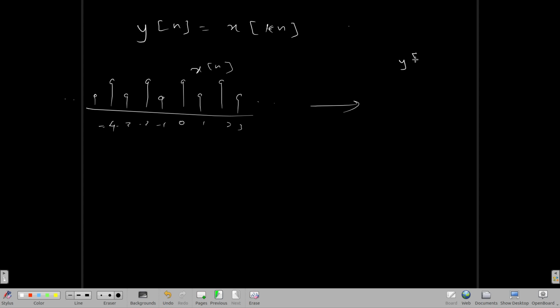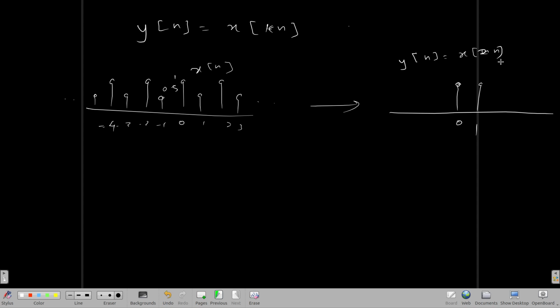So what will y of n is equal to x of 2n be? y of 0 will be x of 0 itself. So let this be 1 and 0.5. What is y of 1? y of 1 is x of 2, which is again 1.